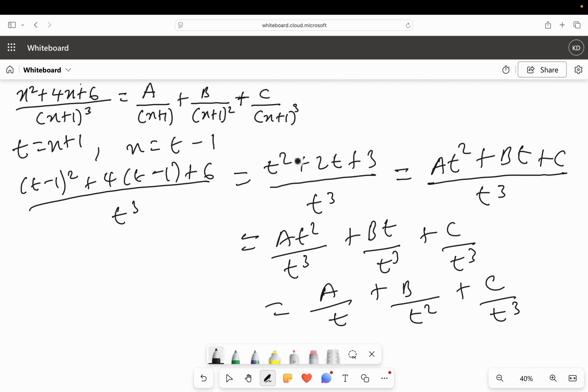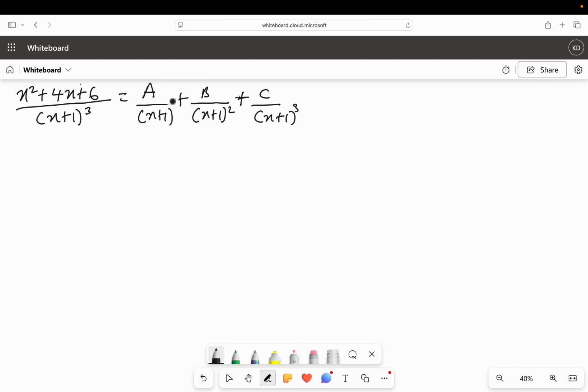Since we have this decomposition, let us then solve for a, b, and c. So to solve for a, b, and c, in my left hand side I have s squared plus 4s plus 6 all over s plus 1 cube. The LCM is just s plus 1 cube.